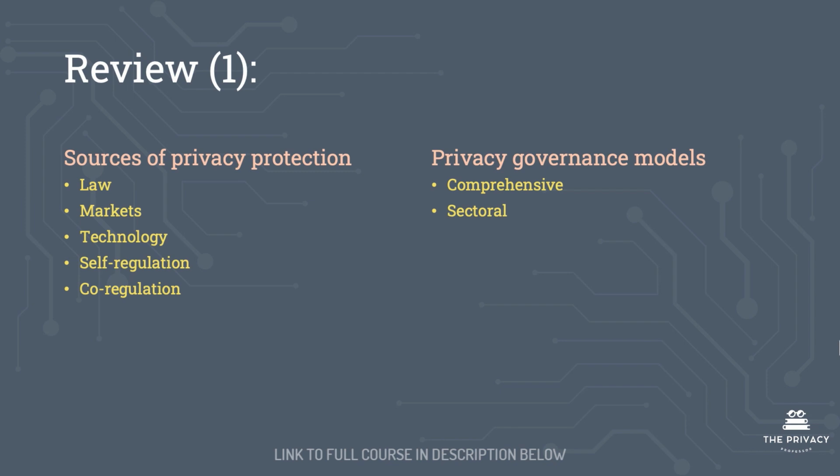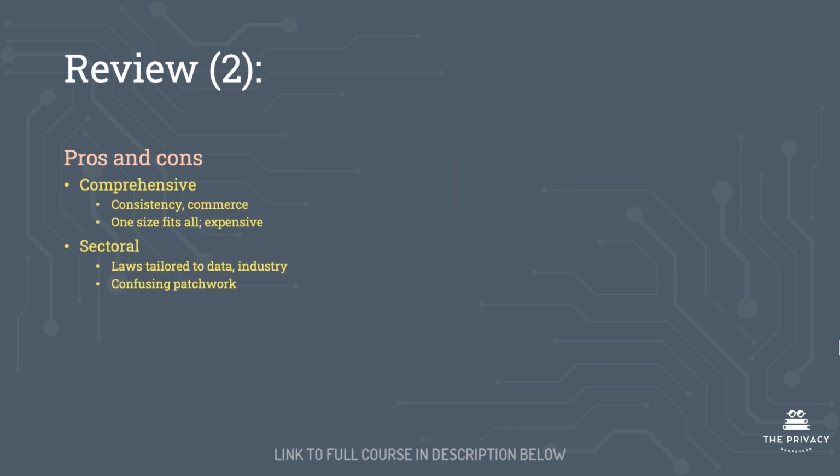In this lecture, we've talked about the 5 different sources of privacy protection. These include law, markets, technology, self-regulation, and co-regulation. We've talked about the comprehensive and sectoral governance models, and we've also weighed the pros and cons of these two main models. With regards to the comprehensive model, we talked about it being comprehensive and promoting commerce.